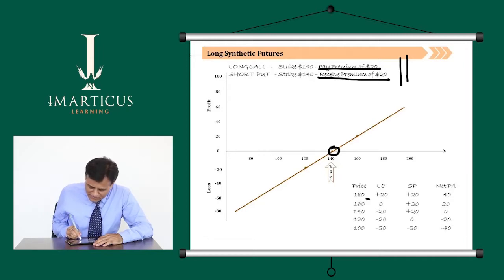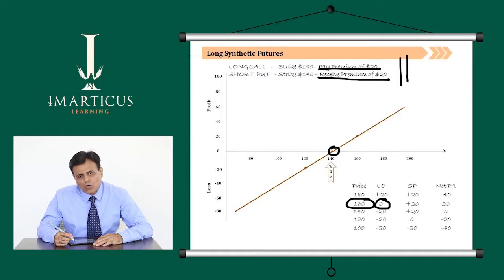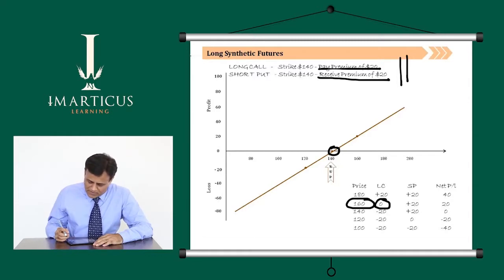Say for instance, if the prices of crude were to rise to $160, in this case the long call will yield us no profit or loss, since we have paid $20 for the long call over and above the $140 strike.